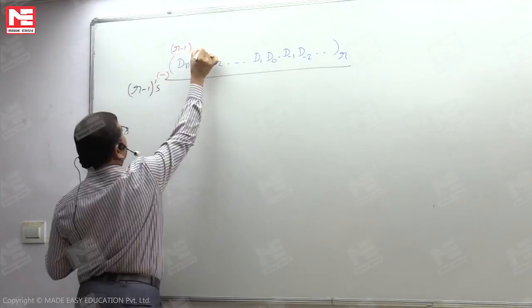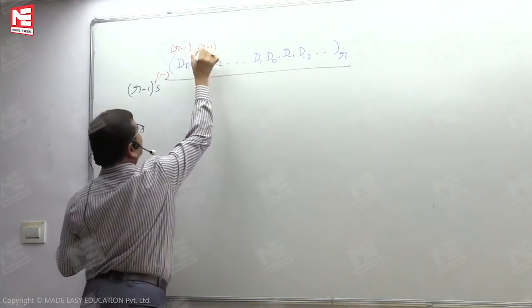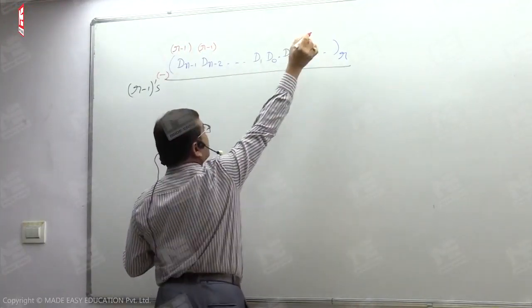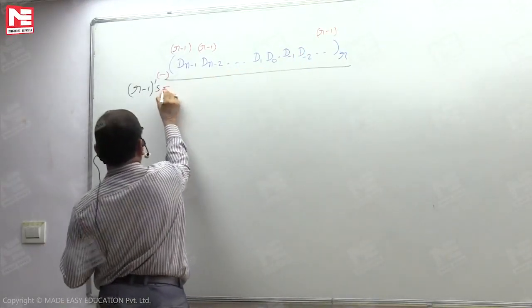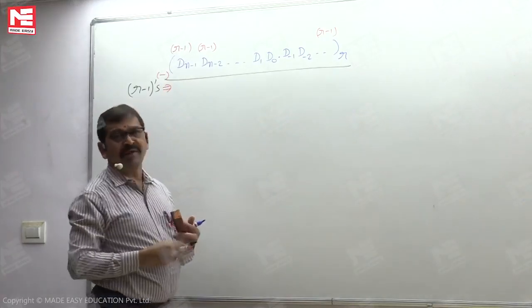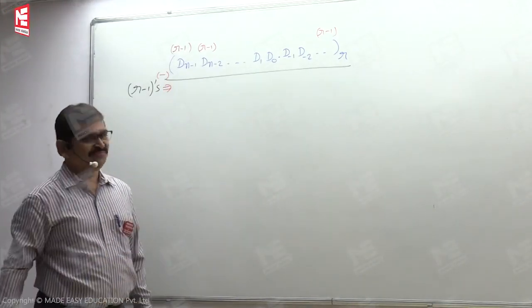While subtracting every digit of the given number from r minus 1, we get the result. This result is r minus 1's complement.